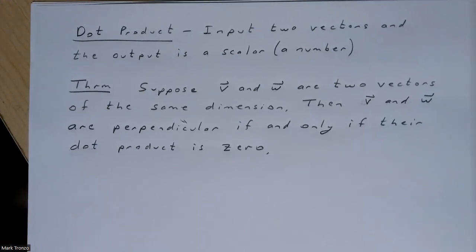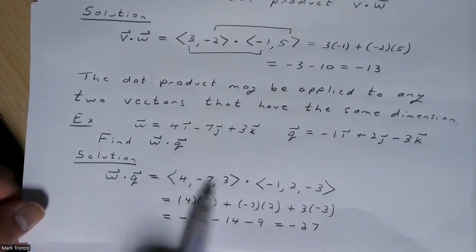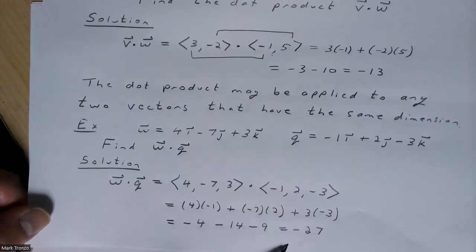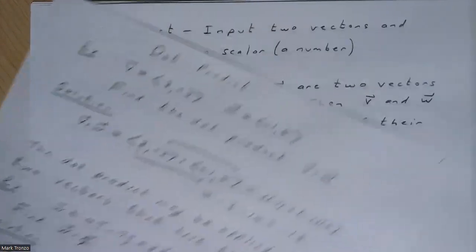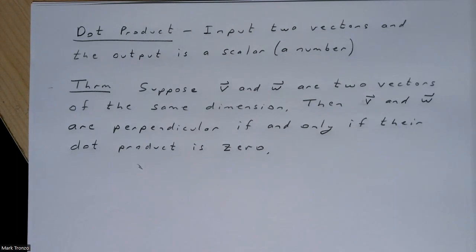So we saw in the last 2 examples, the dot products of those vectors were not 0, so they're not perpendicular.